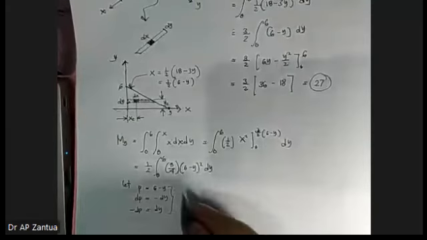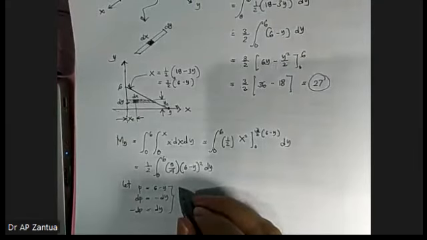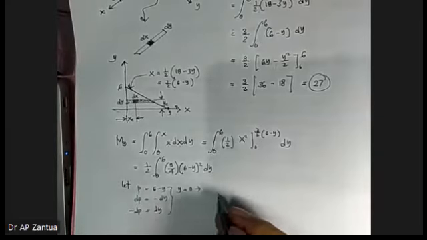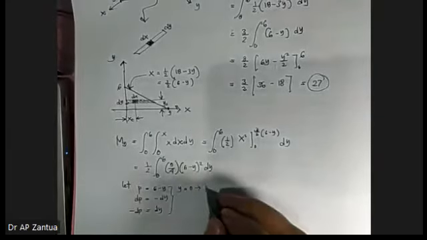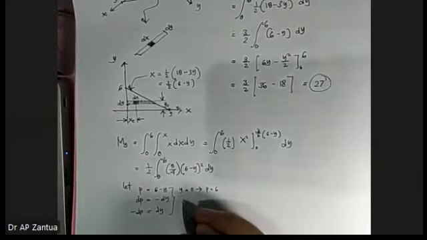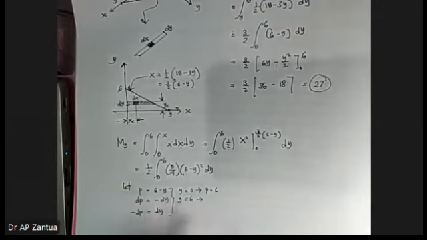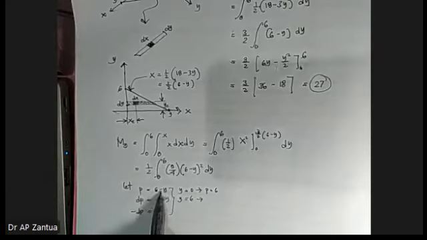If y is equal to 0, what will happen to p? 6 minus 0 is 6, so p will become 6. If y is equal to 6, then 6 minus 6 is 0, so p is equal to 0.